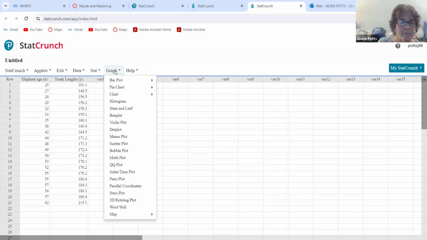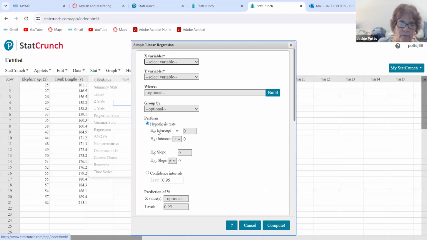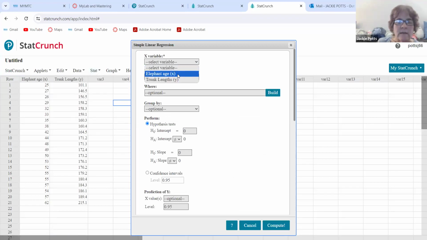All right. I can do it in more than one way. But I'm doing regression, simple linear. So I went to Stat, Regression, Linear. It's telling me to select which one is my X, which one's my Y. In the future, just so you know, I'm not going to label X and Ys.